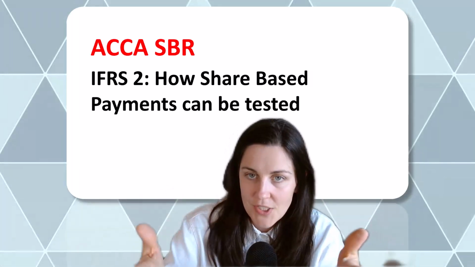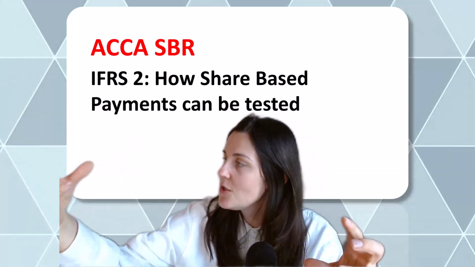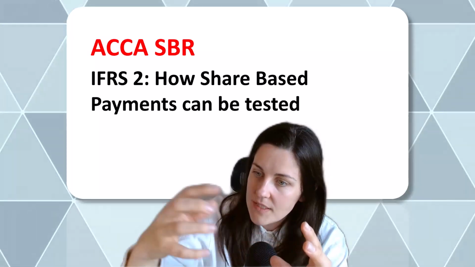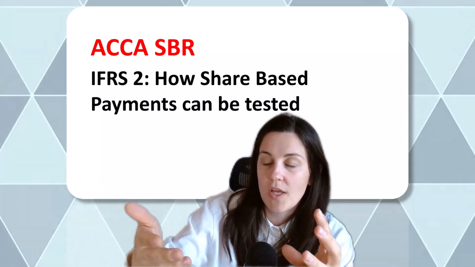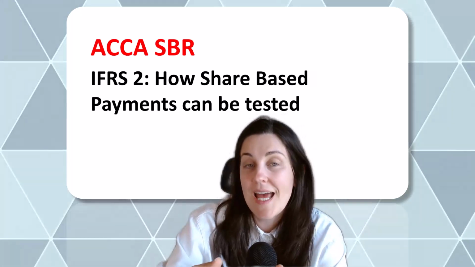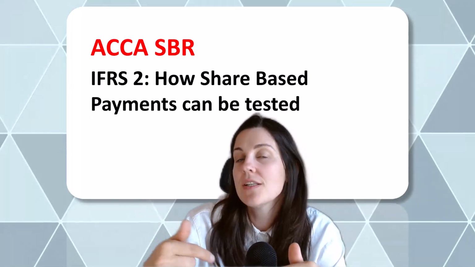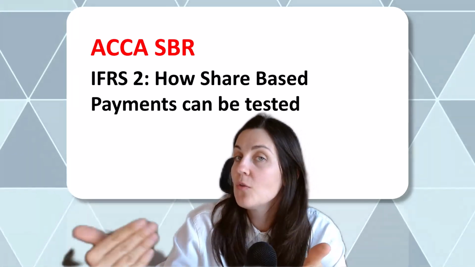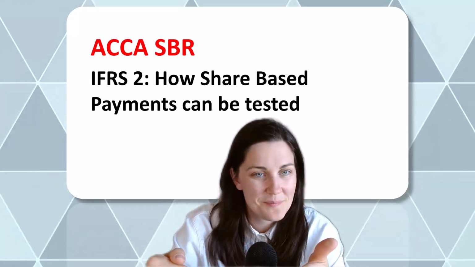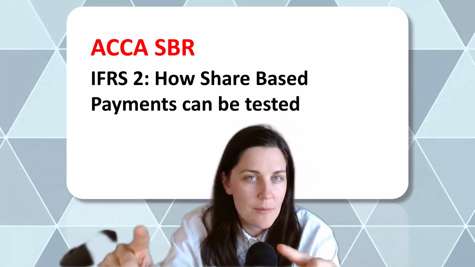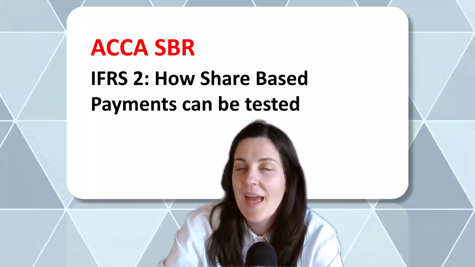I would remind you that you are going to continue to recognize the old one, and you are going to also recognize the modification, which is going to be the difference between whatever you had at the modification date and the new promise. And that is going to be recognized based on the remaining period. And that is basically how equity settled schemes can be tested.